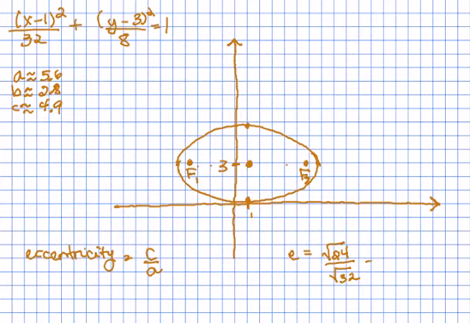And I see that I could rewrite this as square root of 8 times square root of 3 over the square root of 8 times the square root of 4. And of course, those square roots of 8 would divide out and become 1. And so I'm left with the square root of 3 over the square root of 4, which is 2. So our eccentricity is square root of 3 over 2.